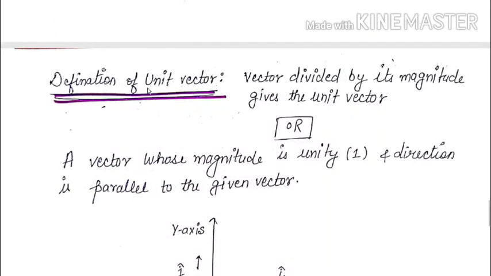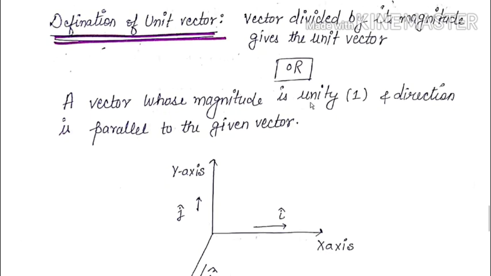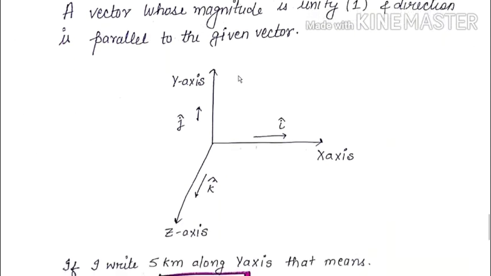Next, the definition of a unit vector is a vector divided by its magnitude. Or you can say a vector whose magnitude is unity and direction is parallel to the given vector is also termed a unit vector. For example, you can draw a graph with three axes, x-axis, y-axis and z-axis.